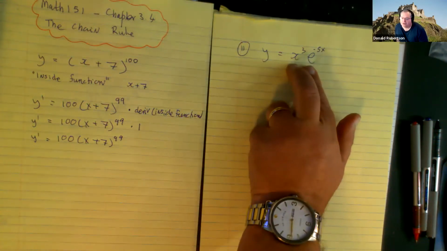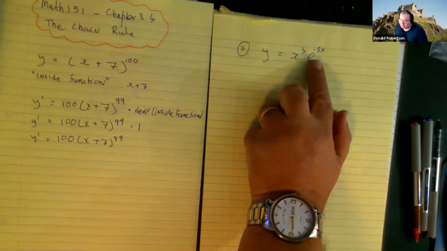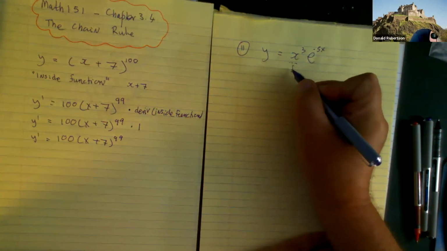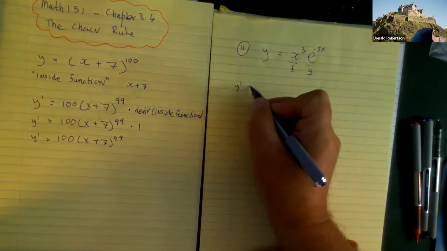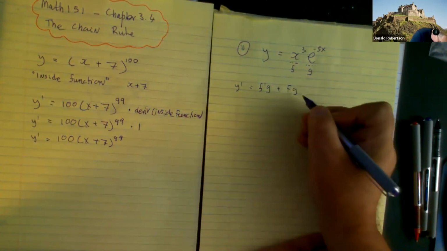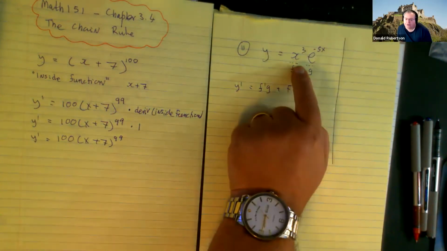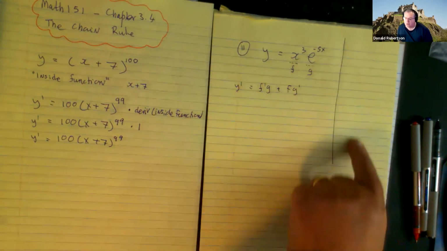Would you agree that this is basically a product rule with an ugly bit? So this is going to be my f, and this is going to be my g. So if I wanted to differentiate it, I would use the product rule. What I tend to do with questions that get ugly or just messy like this is I do a little extra working at the side.